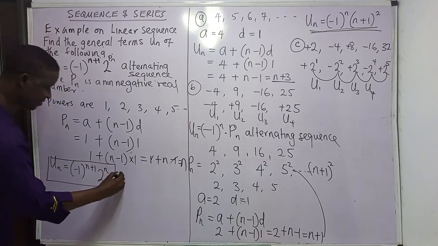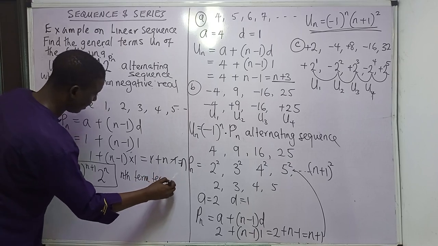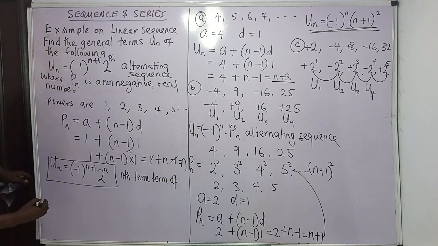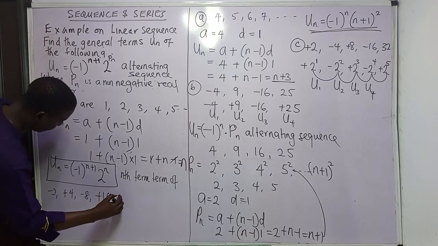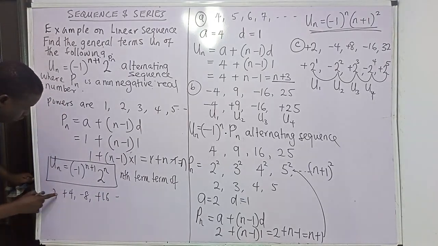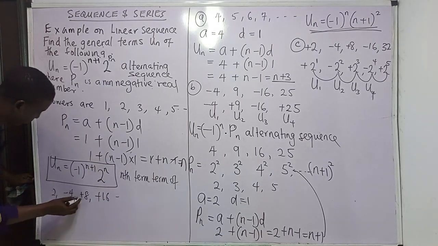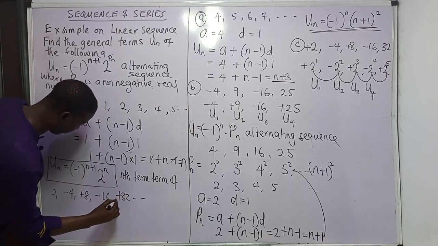So this is the nth term of plus 2 minus 4 plus 8 minus 16, then plus 32, and so forth and so on.